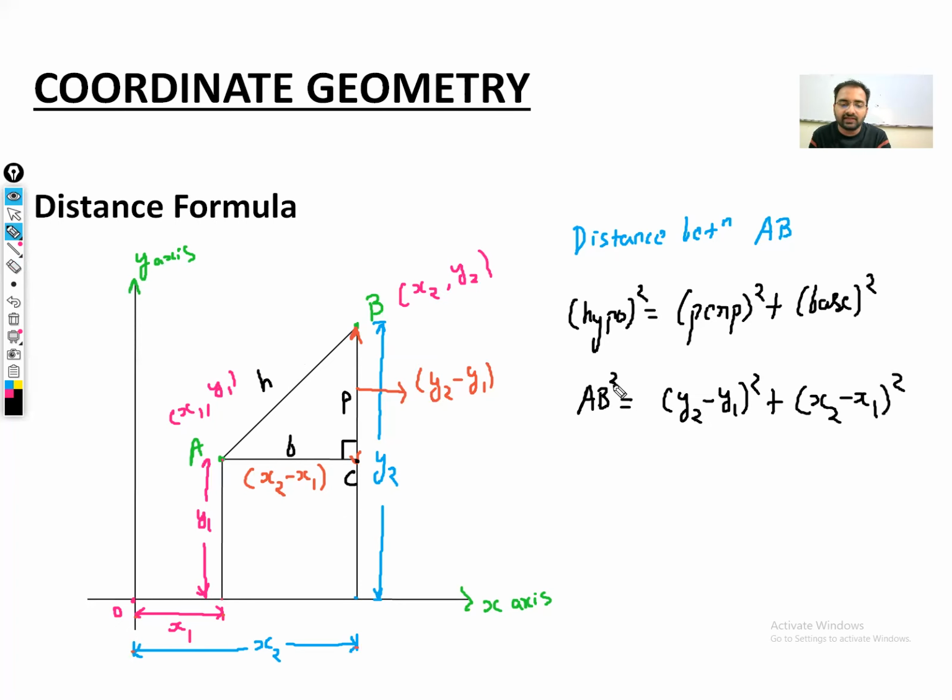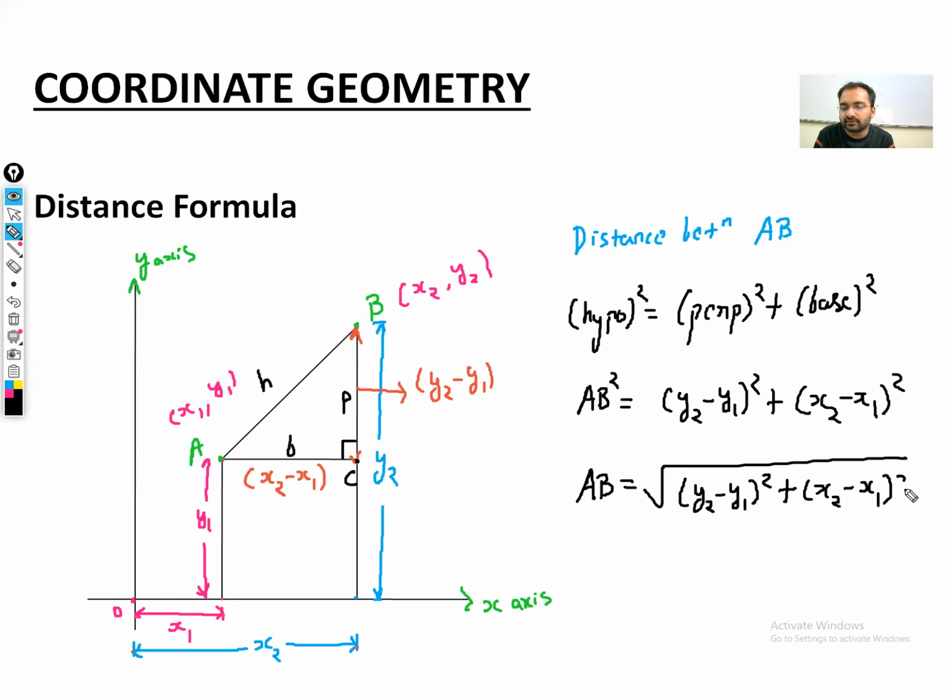If I take the square root here, AB must be equal to the square root of y2 minus y1 whole square plus x2 minus x1 whole square. Now this will become the distance formula. This is known as the distance formula.